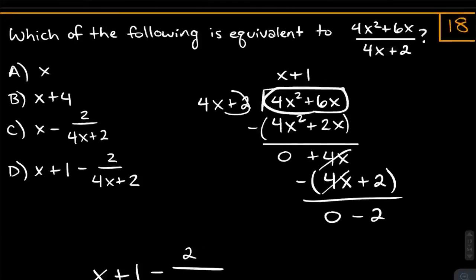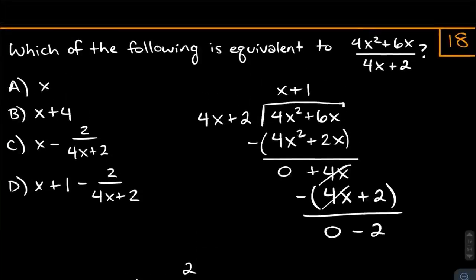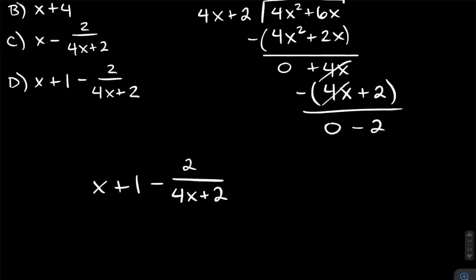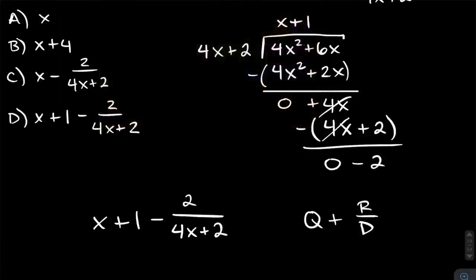Are you dividing by this or this? Well, it's 4x squared plus 6x divided by 4x plus 2. The problem itself tells you that. And when you write it out in Q plus R over D form, quotient plus remainder over divisor, you get choice D. Awesome.